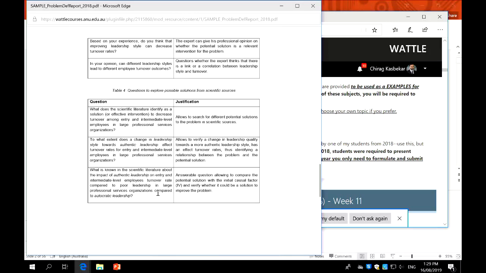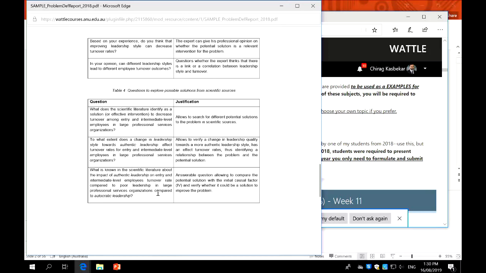It could be some kind of HR initiative that helps employees become better committed to the organization. What impact does that have? What is known in the scientific literature about those programs on employee productivity? Because your assumption is that those programs will improve employee satisfaction, and so they will improve employee productivity. But you want to test that assumption.